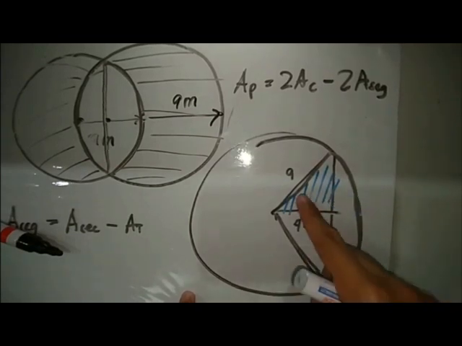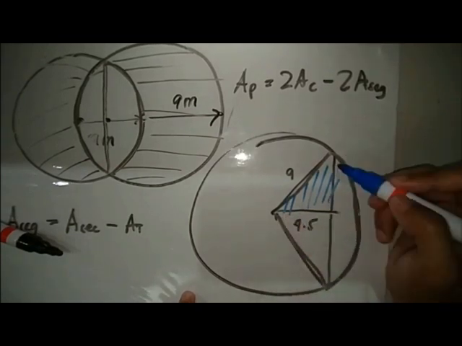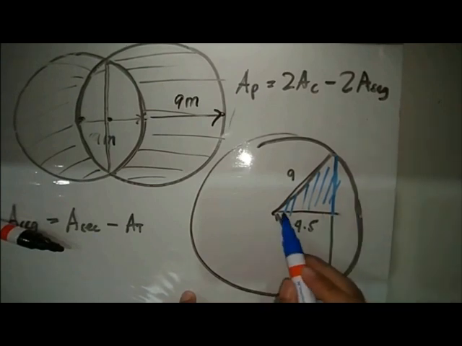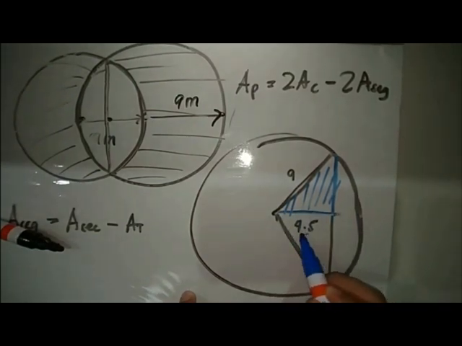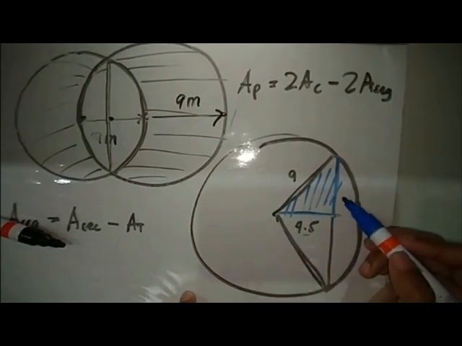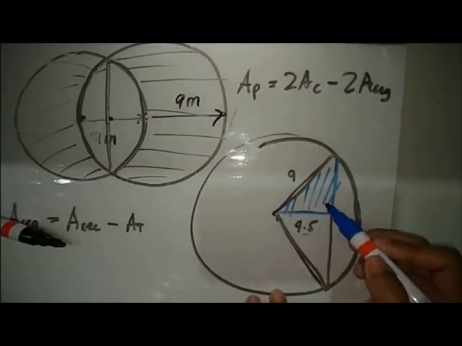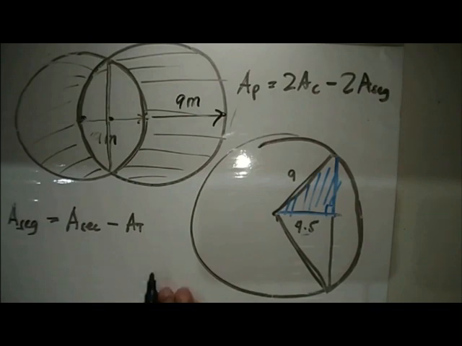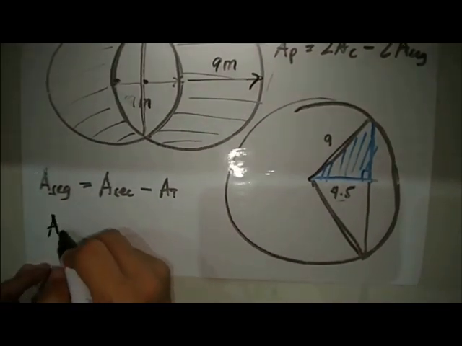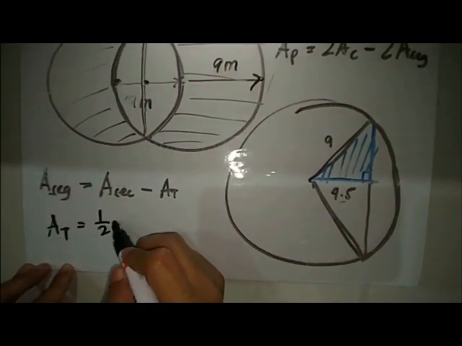We have 1/2 base times height. Ito yung height, ito yung base. So, base is 4.5. Wala tayong height, so makuha natin siya by Pythagorean theorem, dahil mayroon tayong right triangle dito.